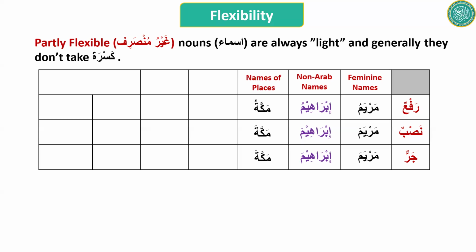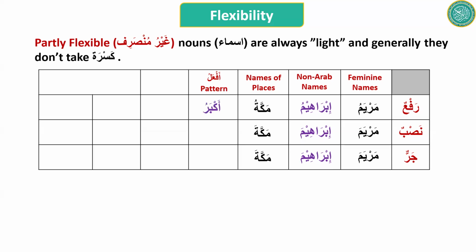Hindustanu, Hindustana, Hindustana. It will never be heavy and it will not generally take kasra. It will not be Makkati, generally speaking. So names of places. I'm giving you categories of words which are partly flexible. They're always light and they do not take kasra.